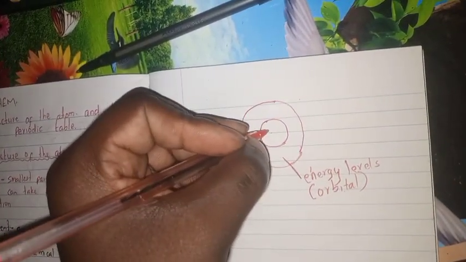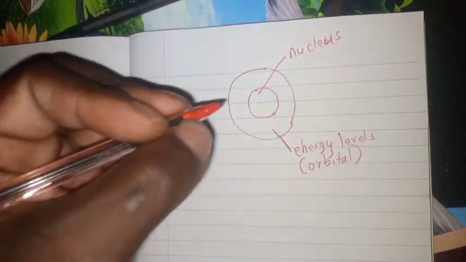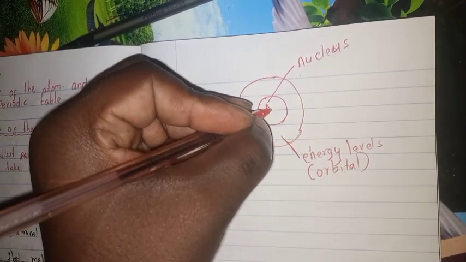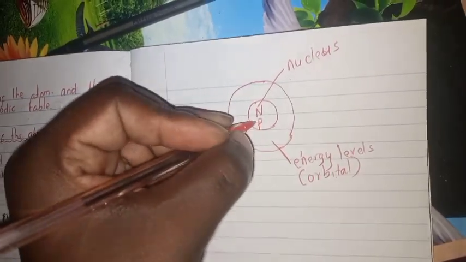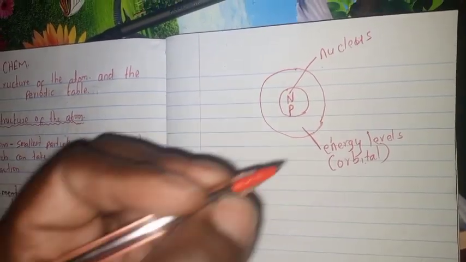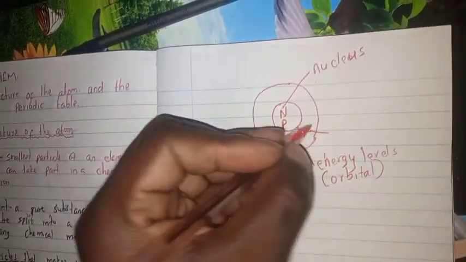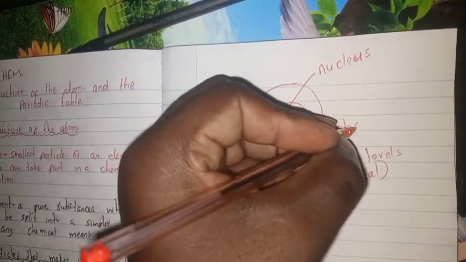In between here, we have something called the nucleus. The nucleus is made up of neutrons and protons. They are normally at the nucleus. And then out here we have electrons.